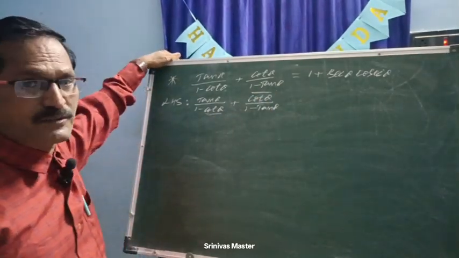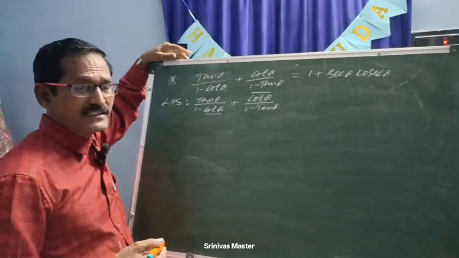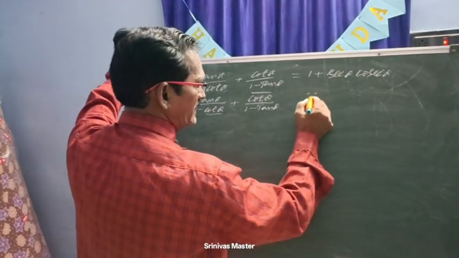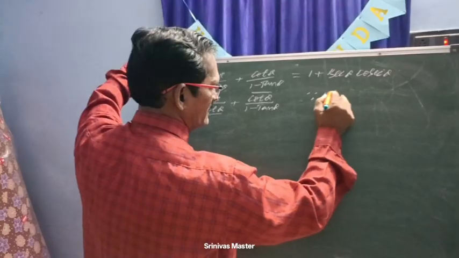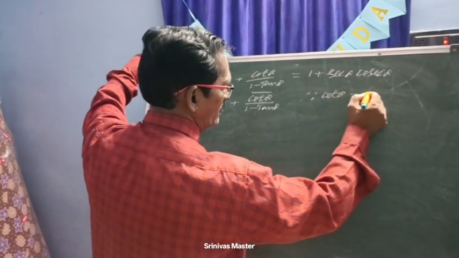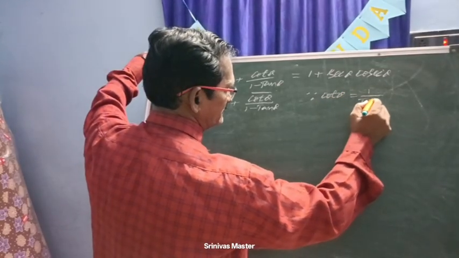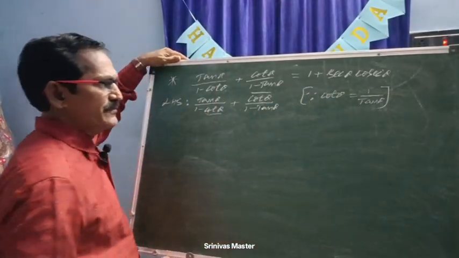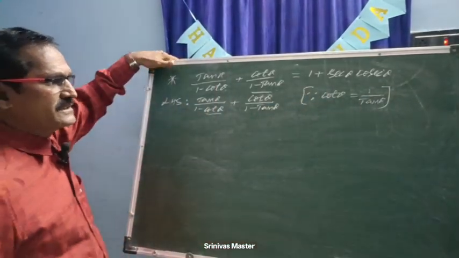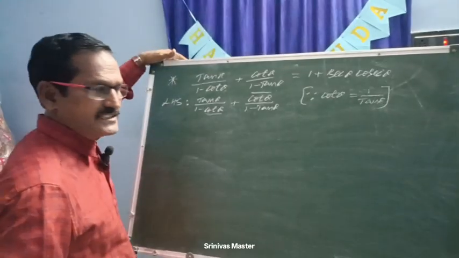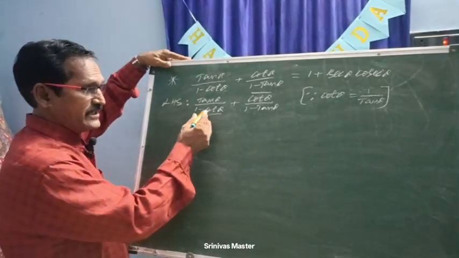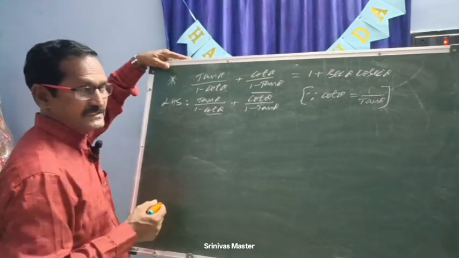According to the reciprocal property, cot theta is equal to 1 by tan theta. So wherever cot is there, we have to change it to 1 by tan theta.